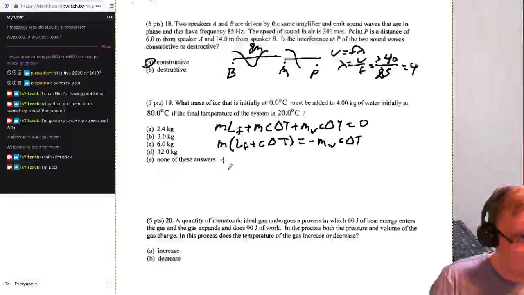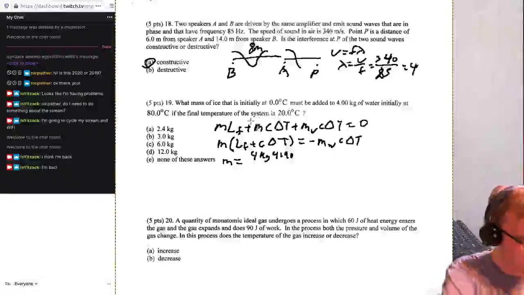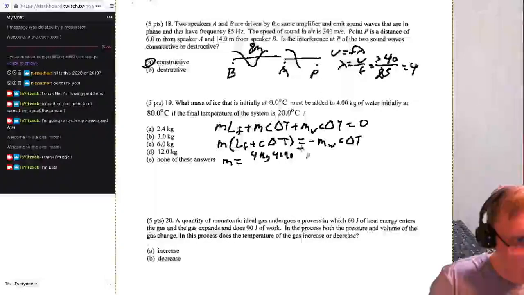So then we end up with the mass that we are interested in is equal to, this minus will cancel that minus, so we end up with mass of water, which is 4 kilograms. Its c is 4190 joules per kilogram Kelvin, and it is coming down.